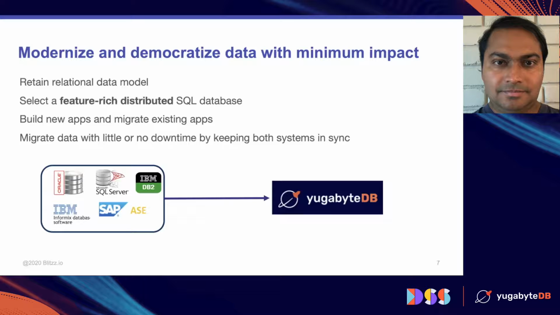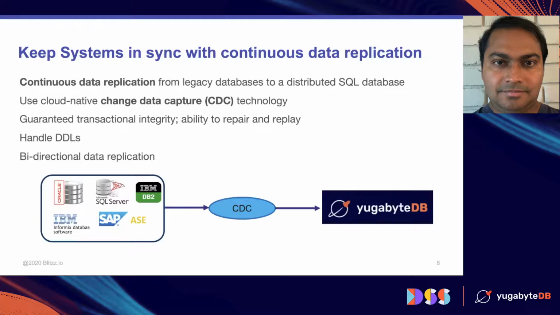So only by keeping both the systems in sync, and in transactionally consistent data, can you keep moving your apps from the source to the target with little or no downtime. So what does it mean to keep systems in sync?